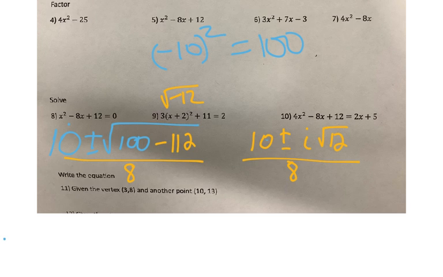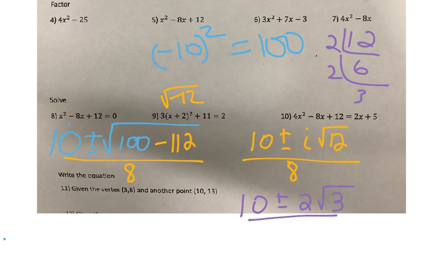This does reduce. 12, remember, we do the breakdown, so 2 goes in there 6, 2 goes in there 3, or you recognize 4 times 3, so that becomes 10 plus or minus 2 root 3, I put the i behind there because I forgot to write it.